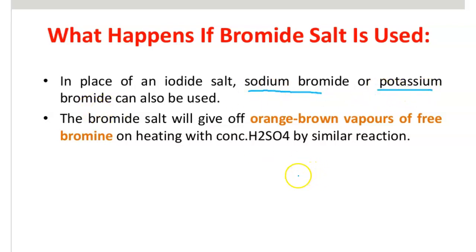And when you take a bromide salt, the reaction follows the same chain of steps with the only difference that this time orange brown vapors instead of purple vapors are produced. So we can write how the reaction follows. For our convenience, let's take KBr and treat this with conc H2SO4.